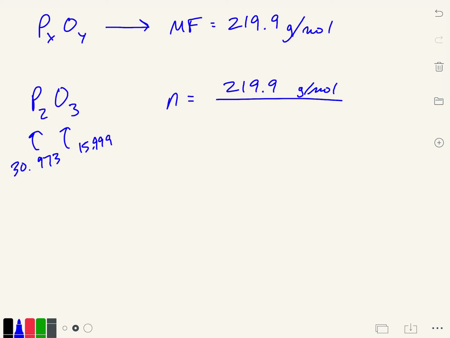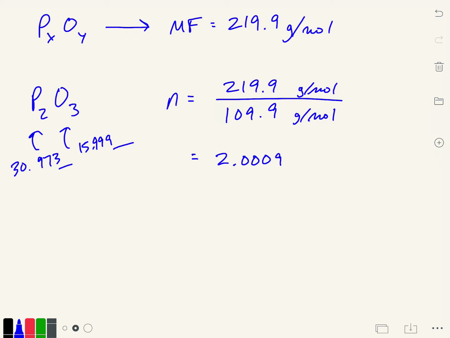Altogether, that comes out to be 109.9. Maybe I shouldn't have rounded so much. Let's see, 219 divided by 109 is 2. 219.9 divided by 109.9 is still 2. Even with my cutting short my masses on the ends here, we get a whole number of 2.